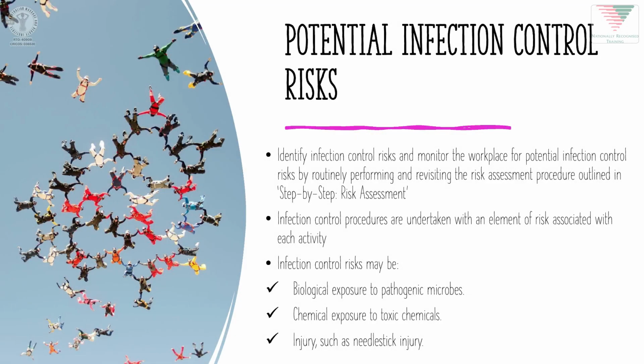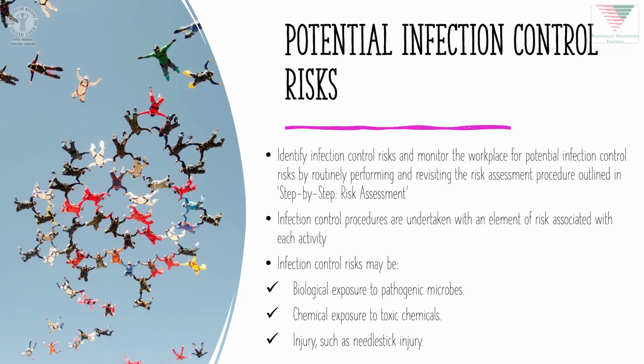Potential infection control risks. Identify infection control risks and monitor the workplace for potential infection control risks by routinely performing and revisiting the risk assessment procedure outlined in step-by-step risk assessment. Infection control procedures are undertaken with an element of risk associated with each activity.